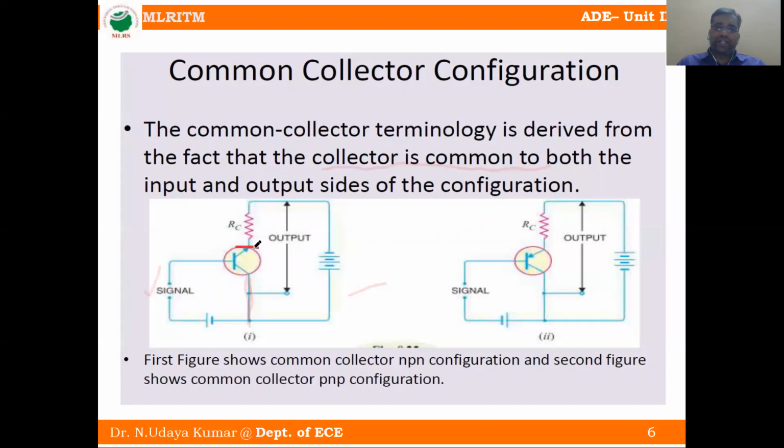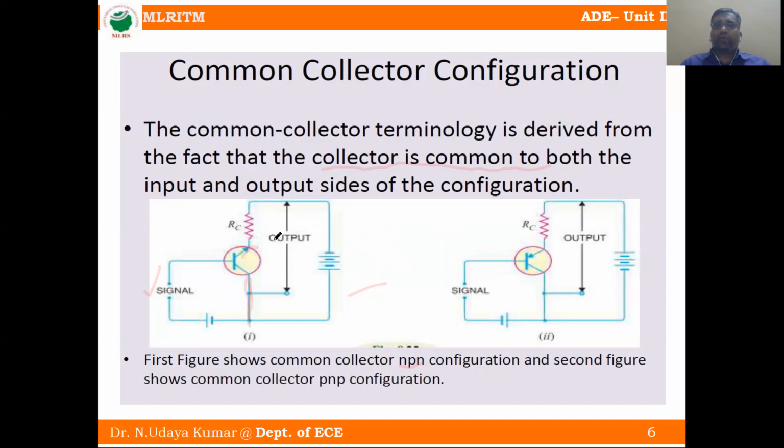The conventional current direction is upward, or forward to outside. That means it is the NPN transistor. If the conventional current direction is forward to the base, we call it a PNP transistor. Here the collector terminal is common to both input and output.